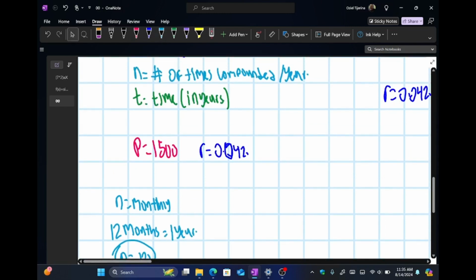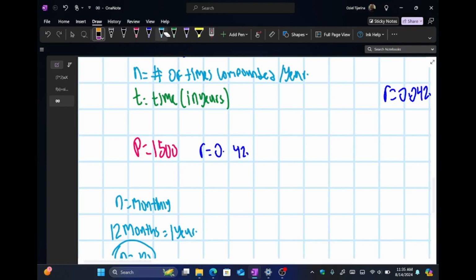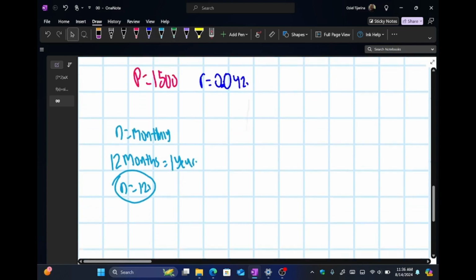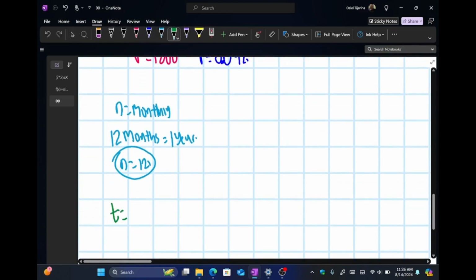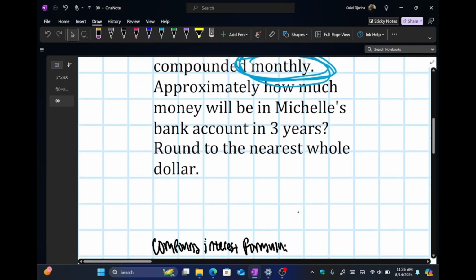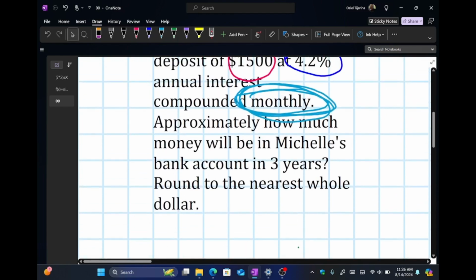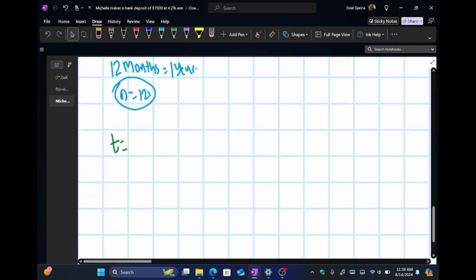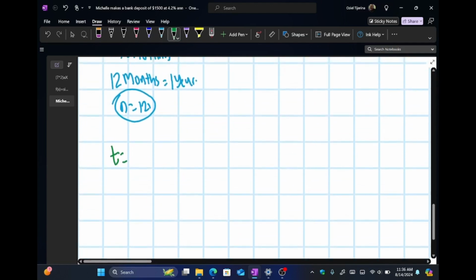So P is 1500, R is 0.042, and N is 12. T is the time in years. In the last part of the problem, they want to know what the amount will be in 3 years, so T is equal to 3.